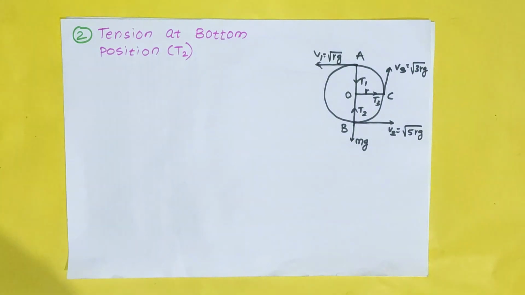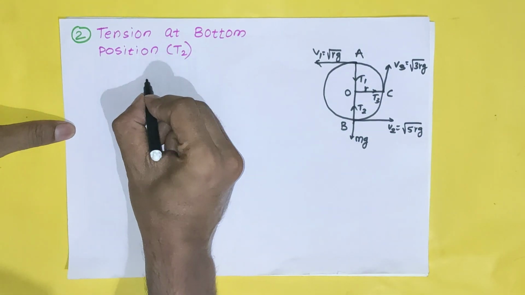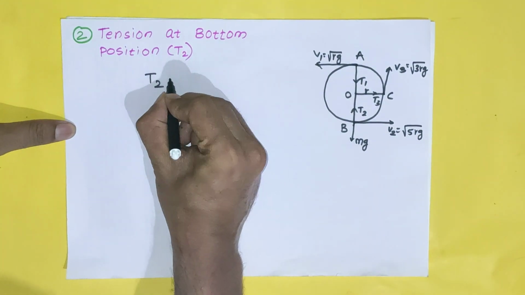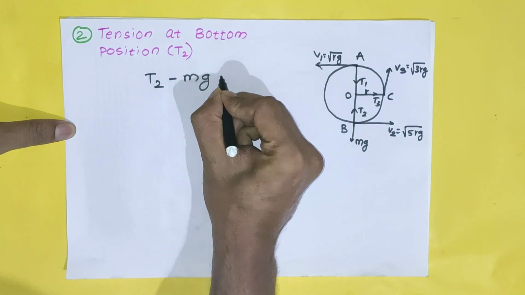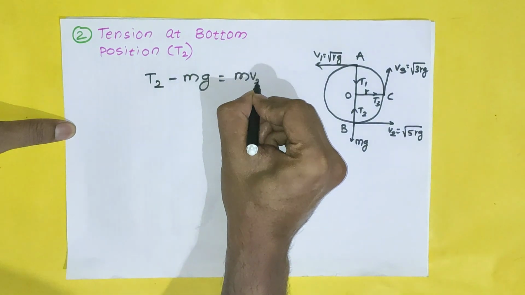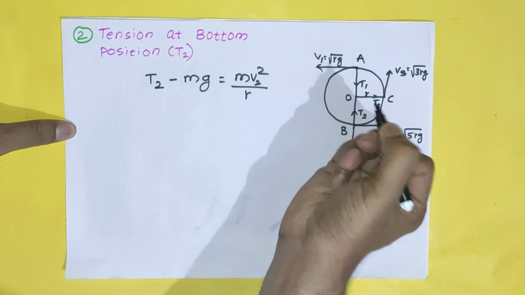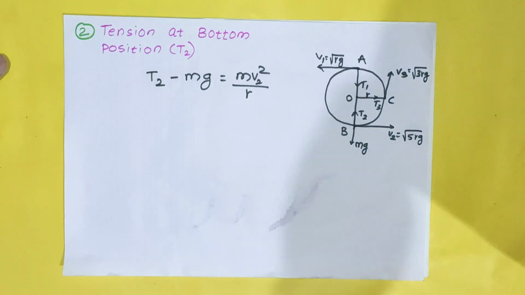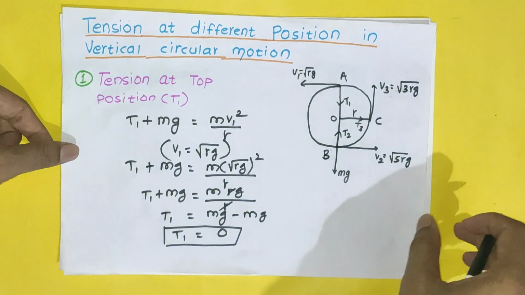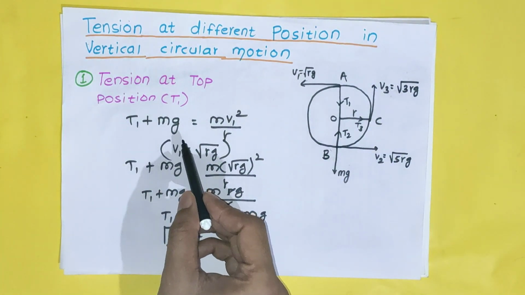Now we will find the tension at bottom position. So here the centripetal force is balanced by T2 minus mg is equal to mv2 square by r. In the last equation, there was T1 plus mg.